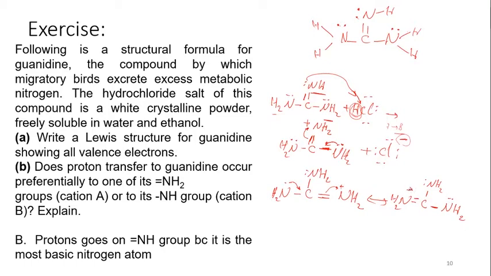Actually, I drew here two bonds, so I don't have to draw here the bonding pairs. So what happens, I will have this double bond, as I've seen here, move to that nitrogen, or it may move to that nitrogen, or it may move to that nitrogen, okay? So I have three resonating structures.